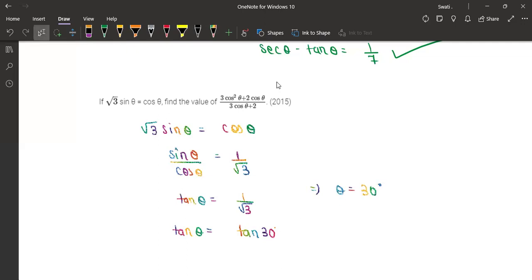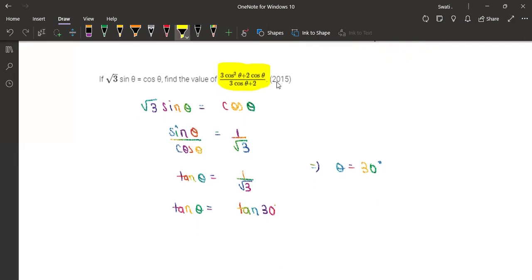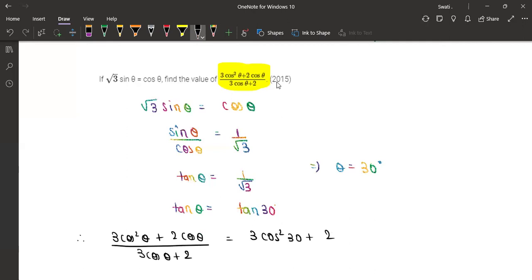Now we have to find out the value of this particular term, which you can see here. So I'll just simply write this down, and you know the value of theta, so just substitute the value of theta. Therefore, 3 cos square theta plus 2 cos theta upon 3 cos theta plus 2. Clearly, this will become 3 cos square 30 plus 2 cos 30 upon 3 cos 30 plus 2.